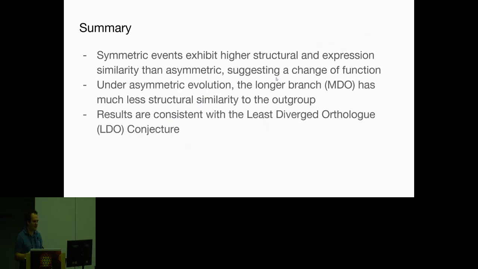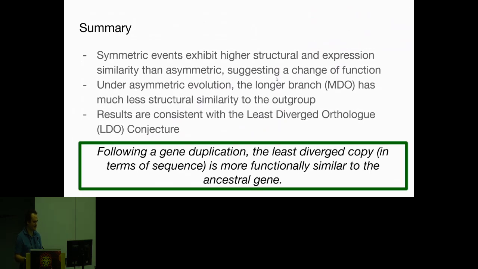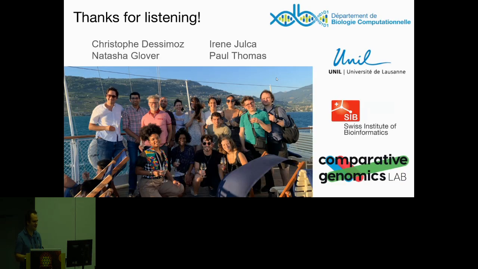And we feel that these results are consistent with our definition of the least diverged ortholog conjecture. So following the gene duplication, the least diverged copy is more functionally similar to the ancestral gene. And thank you very much for listening. And thank you to Christoph, Paul, Natasha, and Irene for their great work in this project. Thank you.